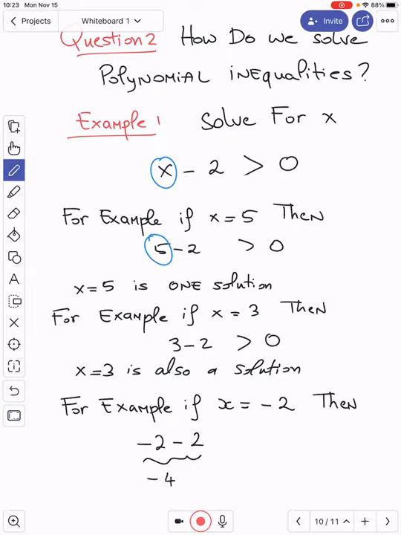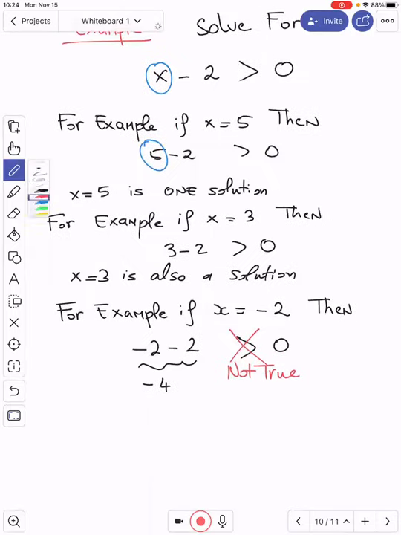That's a negative number, so it's not larger than 0. So this is not true, because -4 is less than 0. This value of x doesn't satisfy the inequality, because when you subtract 2, you get a number which is less than 0. So x equal to -2 is not a solution.